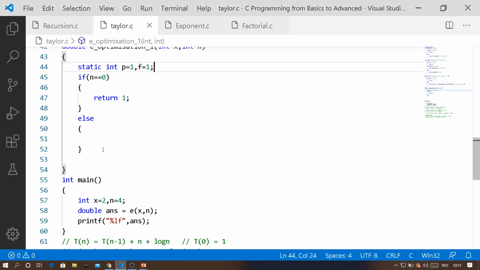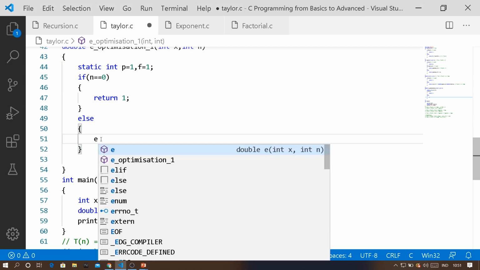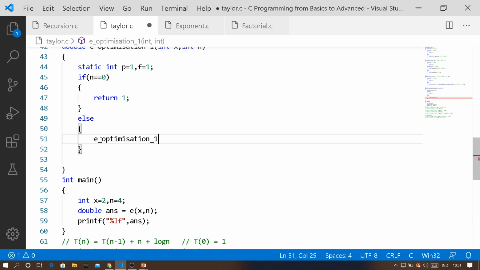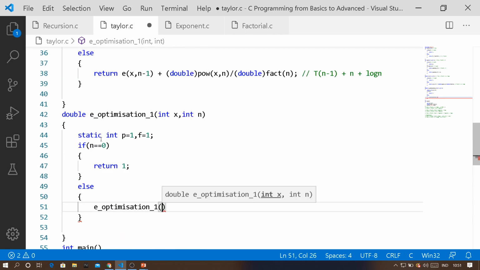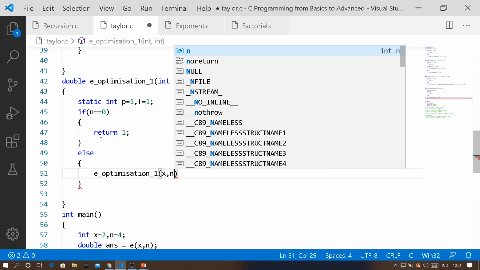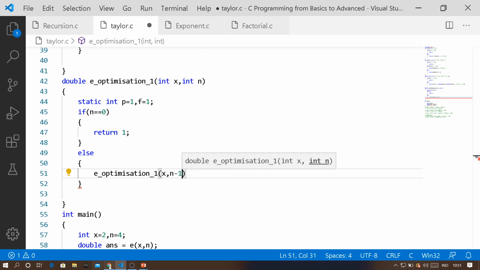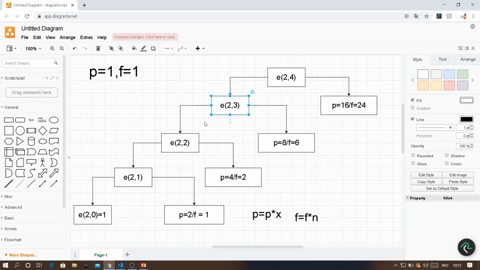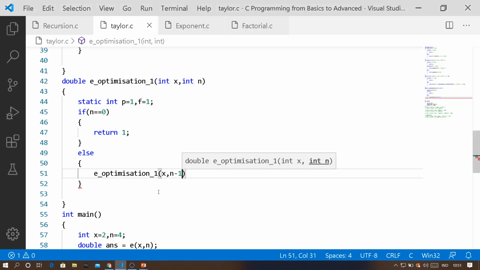Okay, fine. Now in the else part, first of all we have to recursively call the same function. What is the function? e_optimization_1, and we are going to call it with x comma n minus 1 as the recursion call. Am I right or wrong? You can see here the x value is the same, 2 2 2 2 2, but the n value is 4 3 2 1, which is reducing by 1 every time. So we are calling e_optimization_1 of x comma n minus 1. Okay, we are making the recursion call.